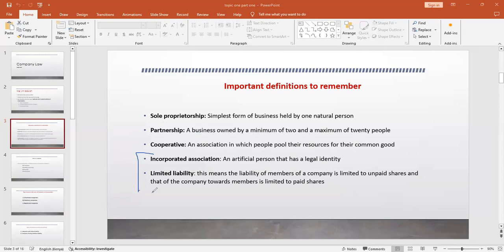So let's talk about companies, because that is what we're supposed to talk about today. Now, in terms of companies, we are simply saying that we're talking about a situation where you create an artificial person, okay?